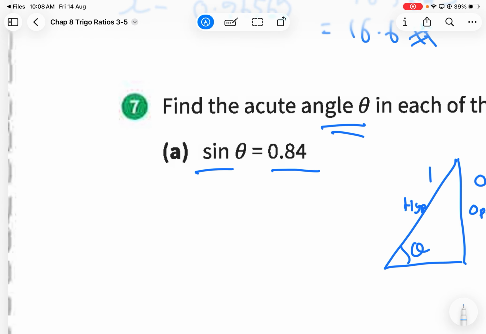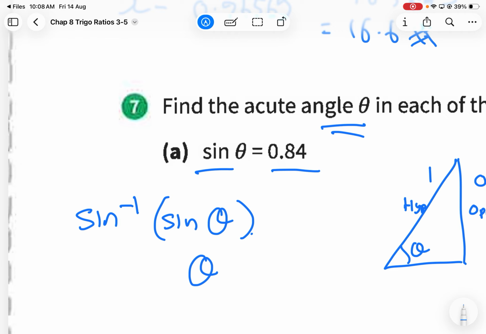I want my left hand side to have just the angle. I don't want the sine. So mathematically, I want to remove the sine. I need to do sine inverse. Then this sine inverse and this sine will cancel each other, and I will be left with theta.